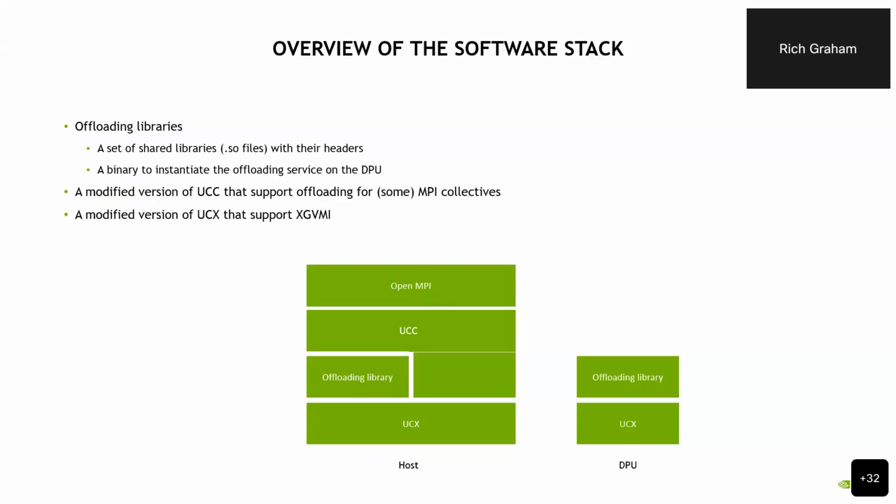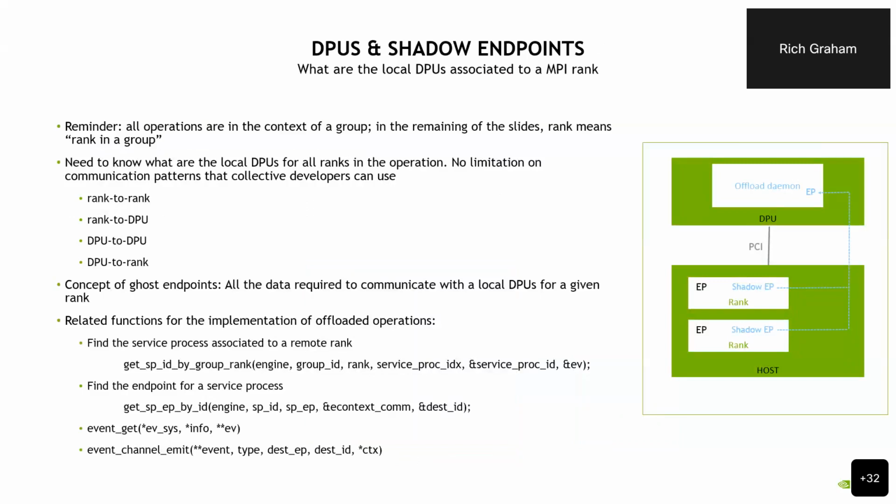So this is the host side, and on the DPU side, we have just an offloading library that runs. Again, we use UCX because it's infrastructure that works, no need to reinvent it. And then there's coordination that has to happen between the host and the DPU. There's this whole context setup that's done so that they know how to communicate properly between themselves.